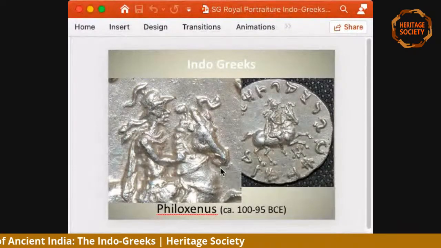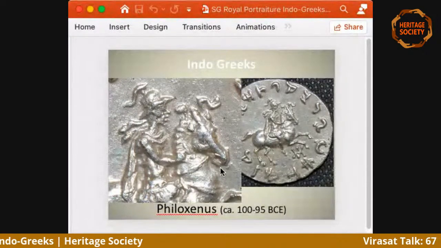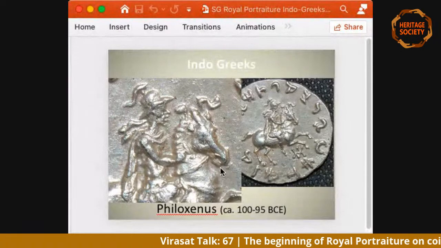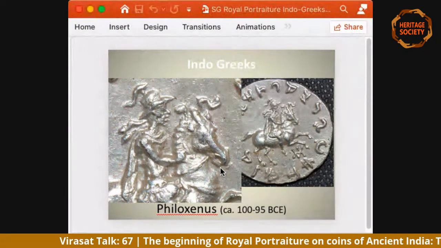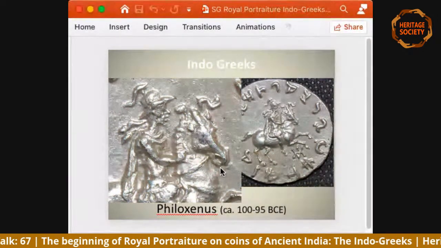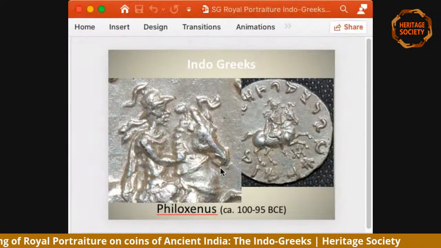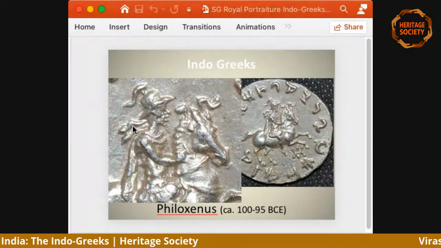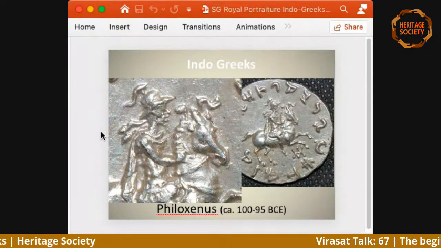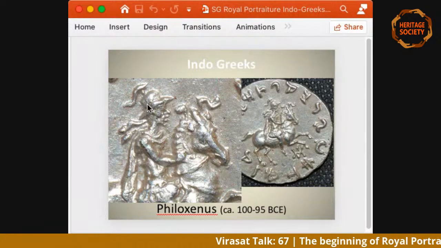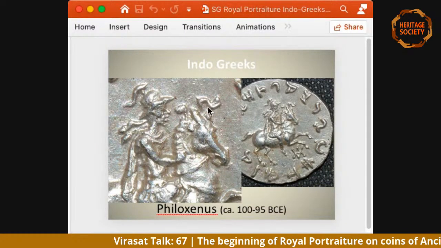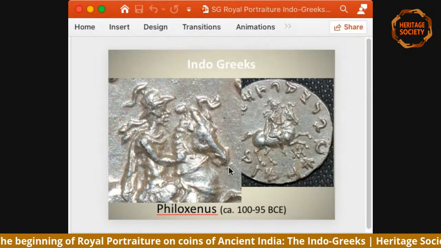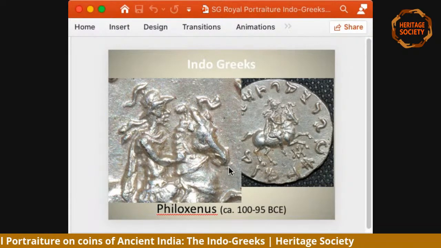So on a very tiny piece of metal, to strike such a realistic picture was a proof of great artmanship of the artist of the age. I just wanted to show you one in a close-up, how realistic. You can see the flowing cloth of the king, the flowing hair of the horse, and his flaring nostrils.